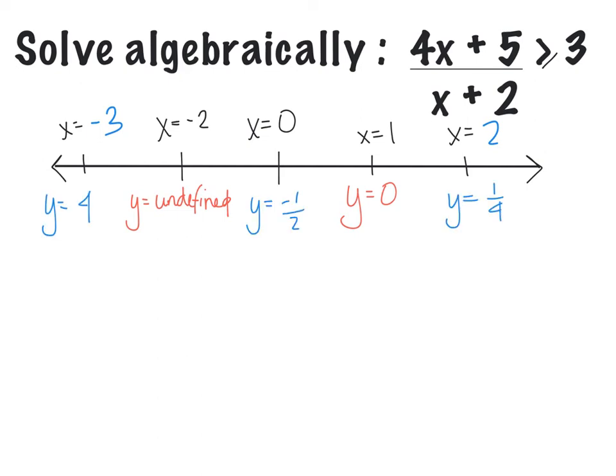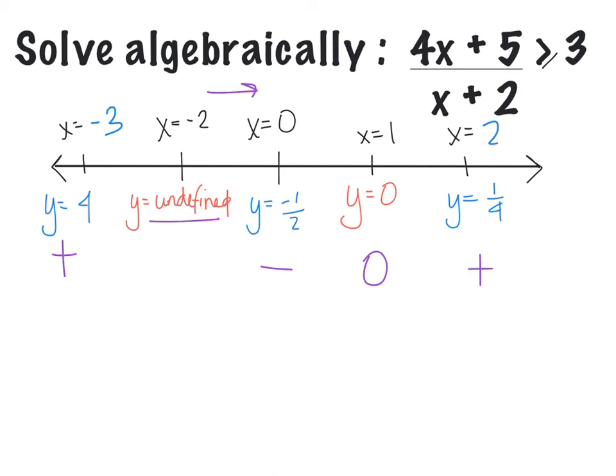So with my now paired x and y values, I notice a couple of patterns here. As x is -3, as it becomes more negative from this undefined value, y becomes positive. And as it moves towards more positive x values, which is x equals 0, it becomes negative. And then we have y equals 0 here, and then as it keeps moving to x equals 2, it becomes positive again.